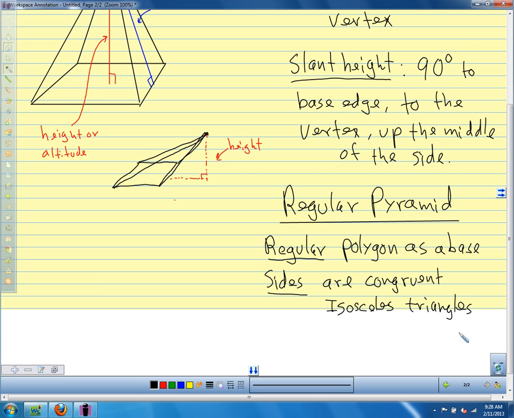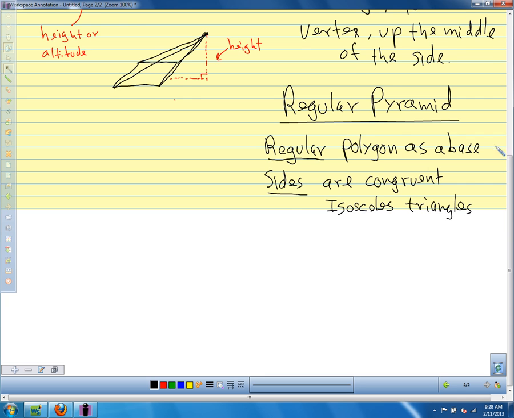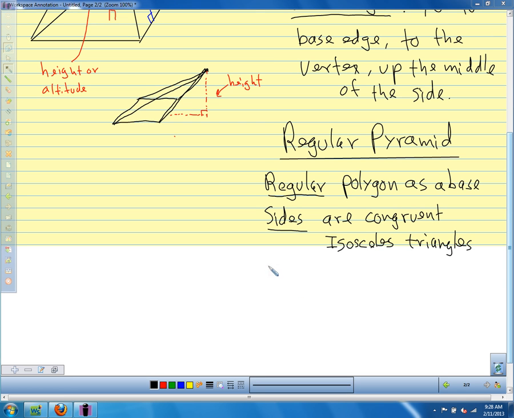And the height then hits the center of the base.